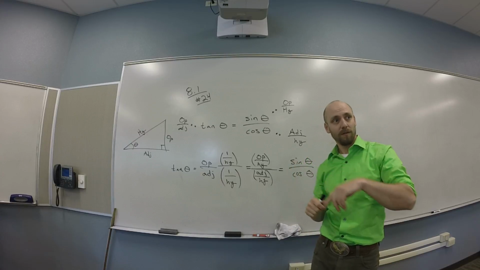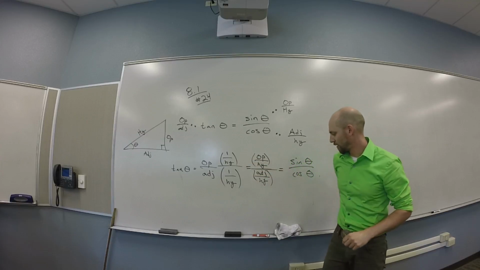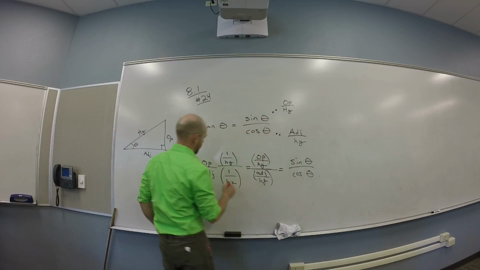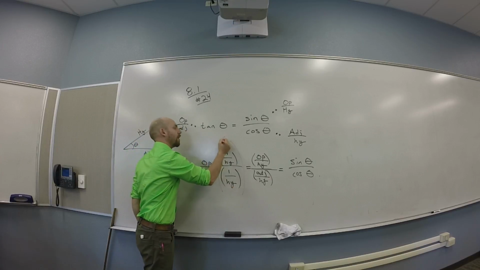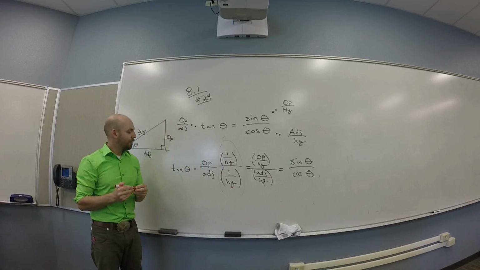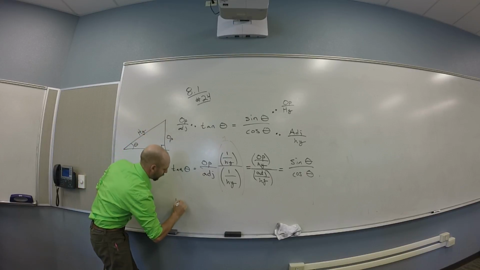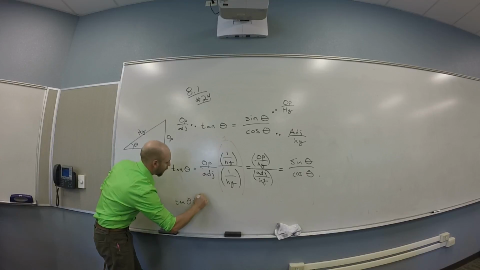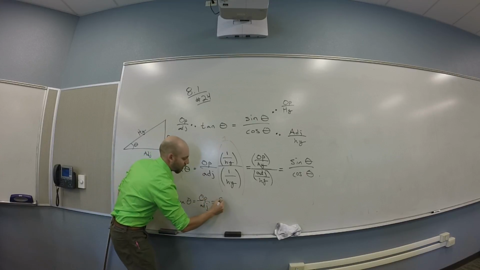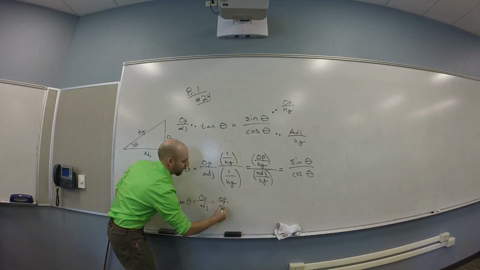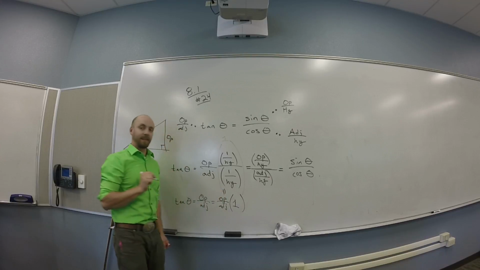So 1 over the hypotenuse, that is a fun one. Is that implying that the opposite and the adjacent are also 1? No, this object here is 1 though, right? So really maybe if I was doing this most honestly, I would have had tangent of theta is opposite over adjacent is opposite over adjacent times 1.